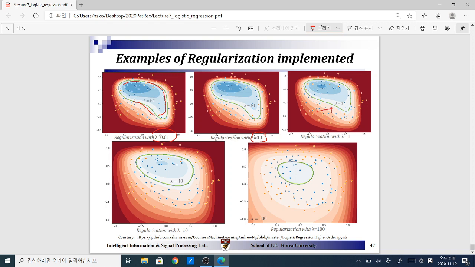So this one is lambda equal to 1, and this is when lambda equal to 10, and this is when lambda equal to 100. So as you can see, the boundary is going to continue to become simplified.